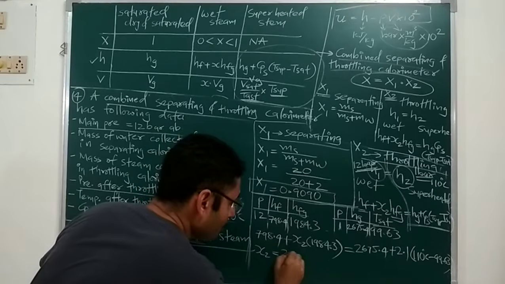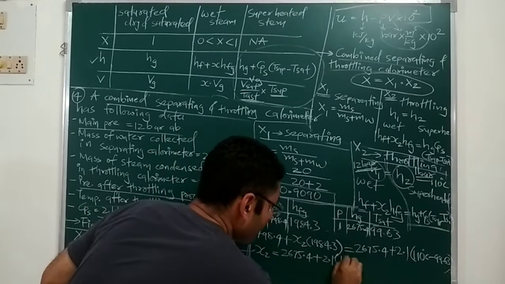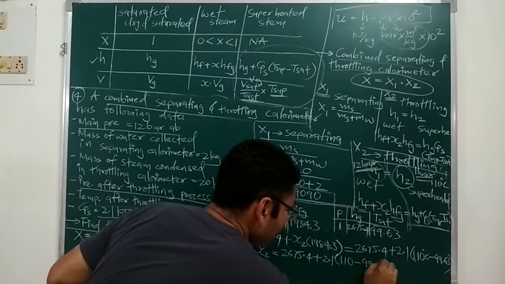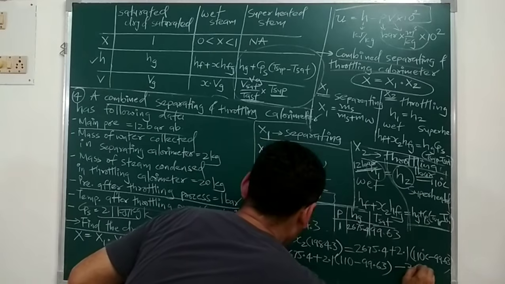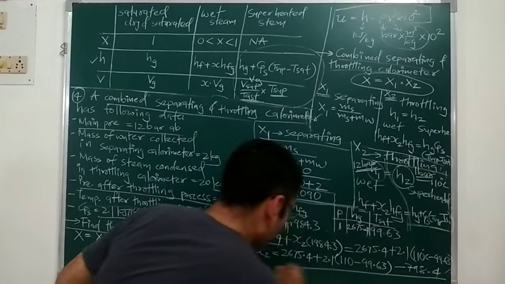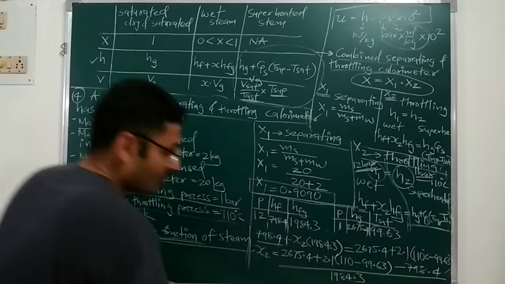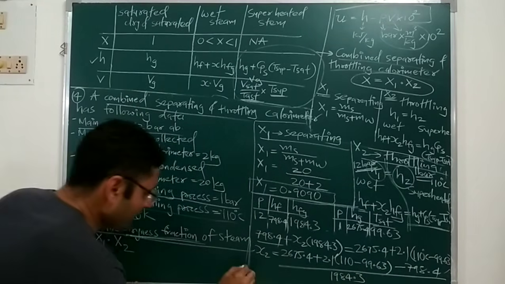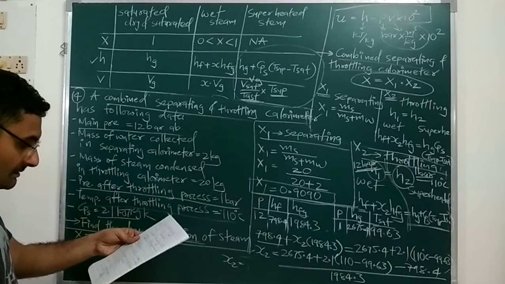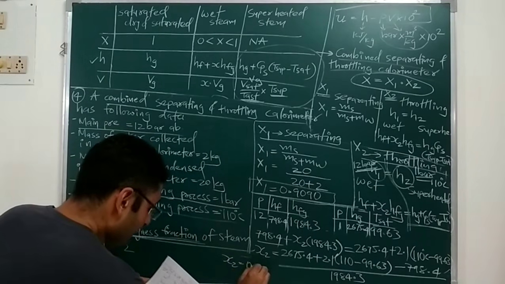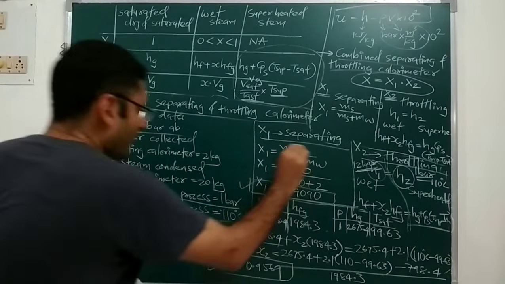X2 will be 2675.4 plus 2.1 times (110 minus 99.63), minus 798.4, divided by 1984.3. I hope you can read these values. The value of X2 up to 4 decimals is 0.9569. So the values of x1 and x2 are with you.